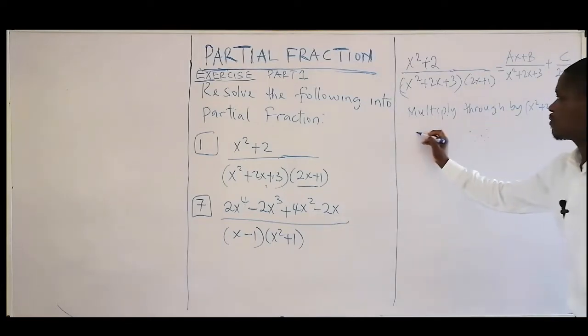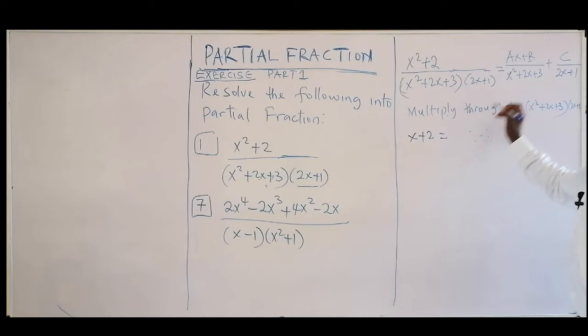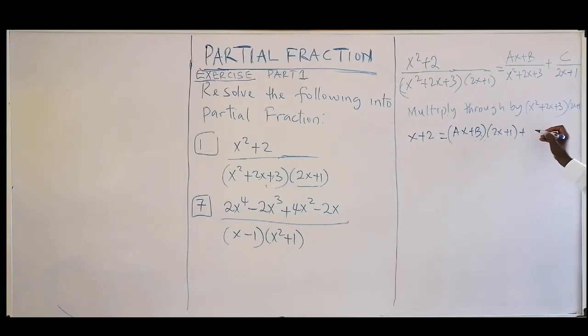Multiplying through, we have x squared plus 2 equal to (ax plus b) into bracket 2x plus 1, then plus c into bracket x squared plus 2x plus 3.